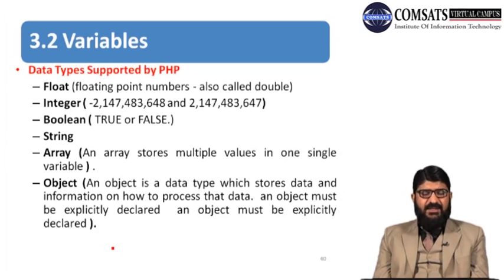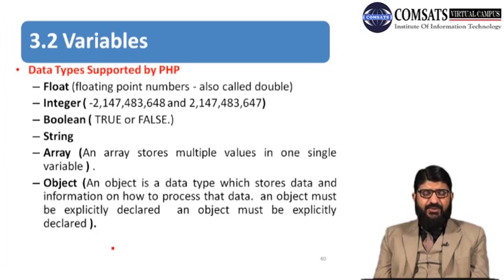The second one is integer, which is given in defined ranges, from -2147483648 as one boundary, and for the positive category of integer it is 2147483647. Between these the variable can be of integer value.